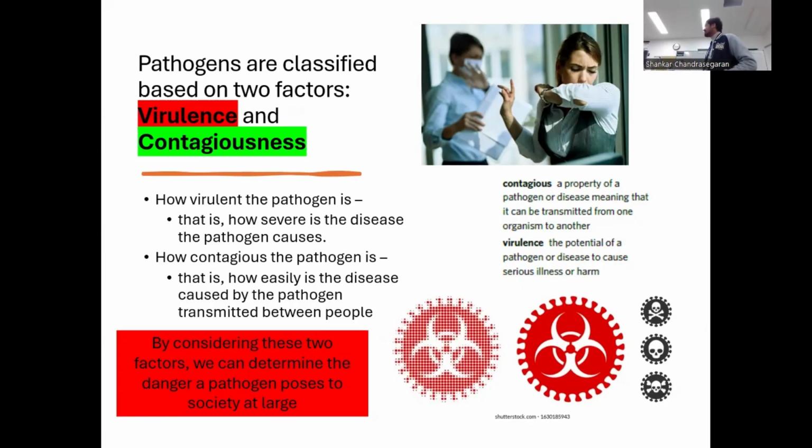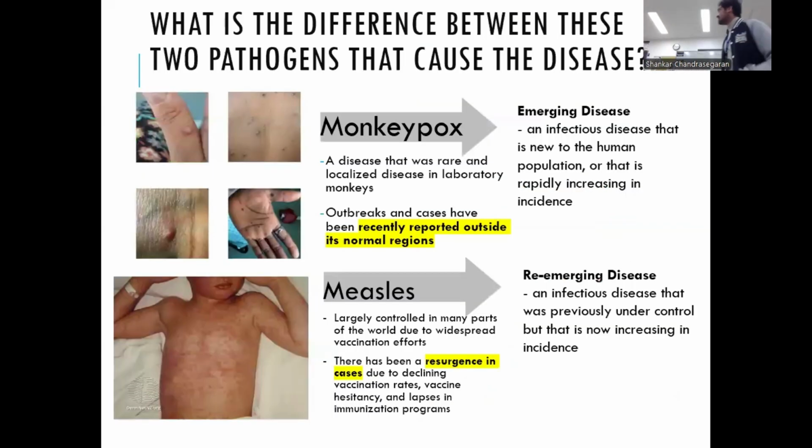So that's still considered dangerous because it can spread to a lot of people. Whereas something like smallpox is a highly virulent virus because its disease is severe and it can even lead to death. So those are how you should think of diseases. Consider these two things, virulence and contagiousness.